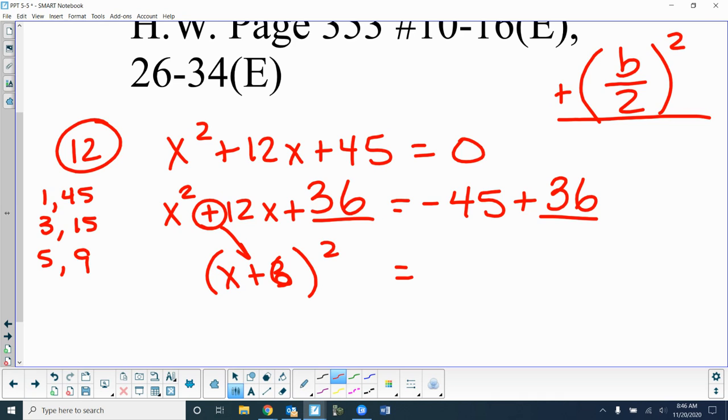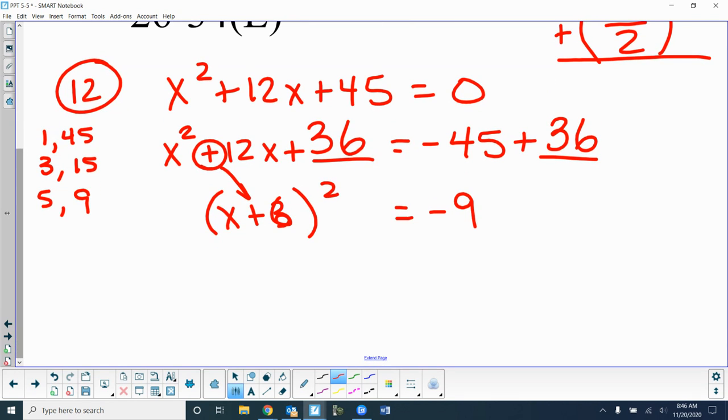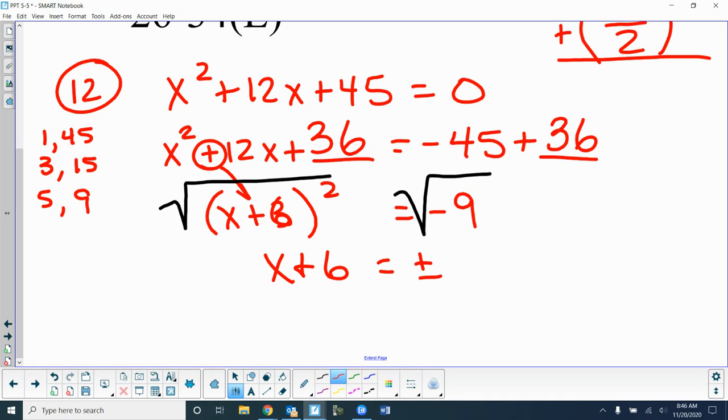It's negative 9, isn't it? Okay, Scott, what do we do now? Yeah, you want to get rid of that squared part, right? Come on, you guys, we should know this.